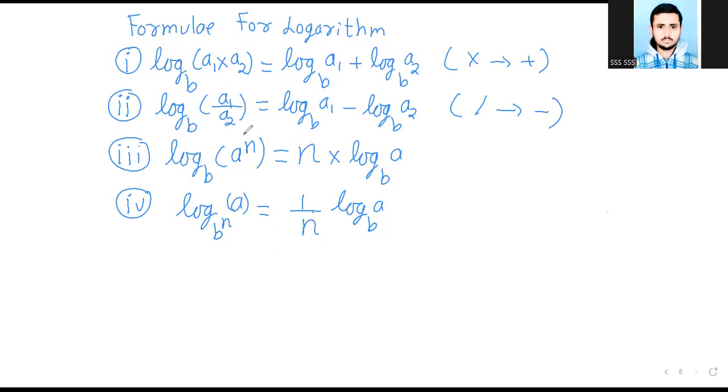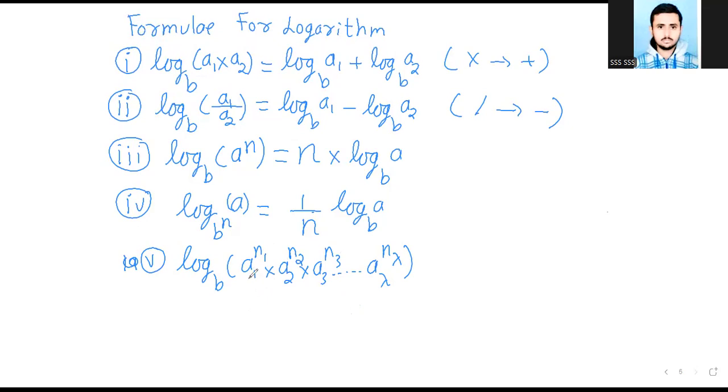Now, there are some extensions of the formulas of part 1 and 2. That is, let's consider log base b of a1 raised to the power n1 multiplied by a2 raised to the power n2, a3 raised to the power n3 up to a lambda raised to the power n lambda. So I am combining formulas number 1, 2, 3.